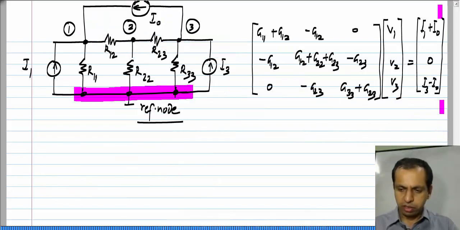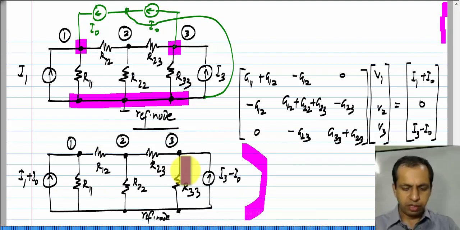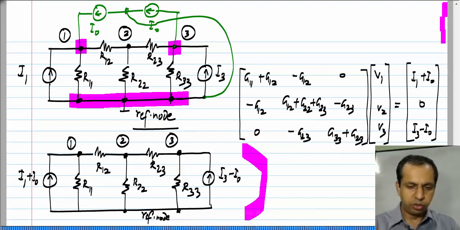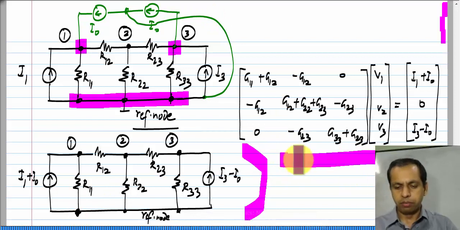If you go back here, you see that it is exactly the same set of equations we have got. So, clearly the solution to this circuit with the split current sources and the split point connected to another node will be exactly the same as for the original circuit, because the equations are the same.